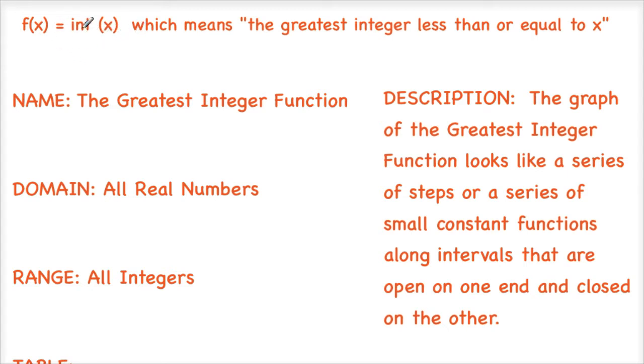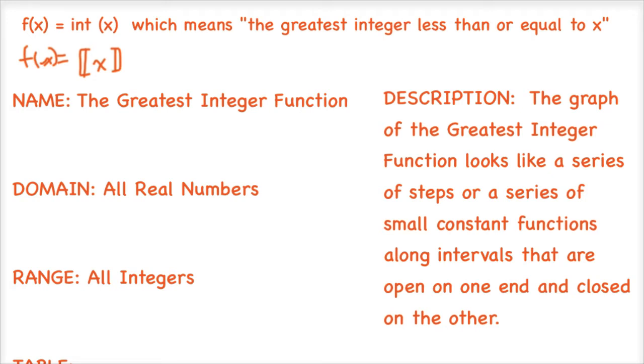But you'll see it written as int x, or you might also see this written as f of x, and then it's like a bold bracket. So it's got the bracket and then like another line right here, enclosing x. So those are the two kinds of notations that you'll see for representing the greatest integer function. And it means the greatest integer less than or equal to x.